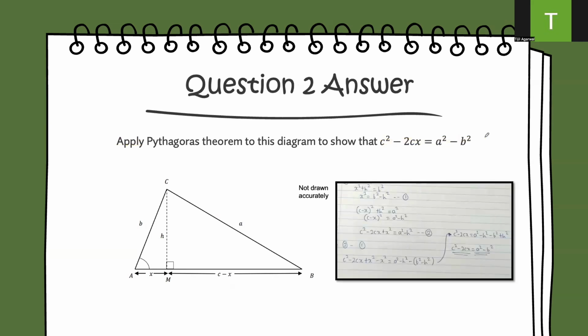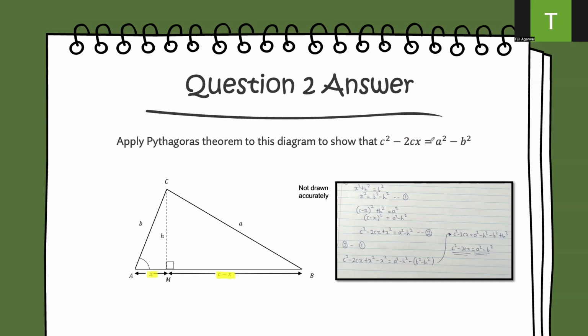Okay, now how do we go about this question? We know that we've got c minus x here, and we've got x here, okay? So what we're going to do is try and interpret or show these sides in terms of a, h, and b, right? Because you have to get that idea.